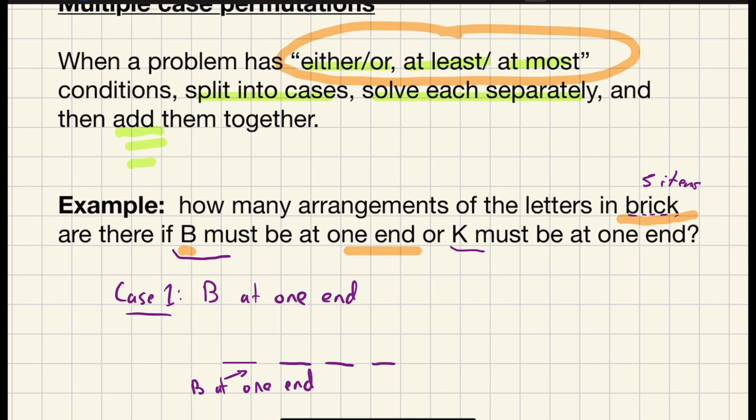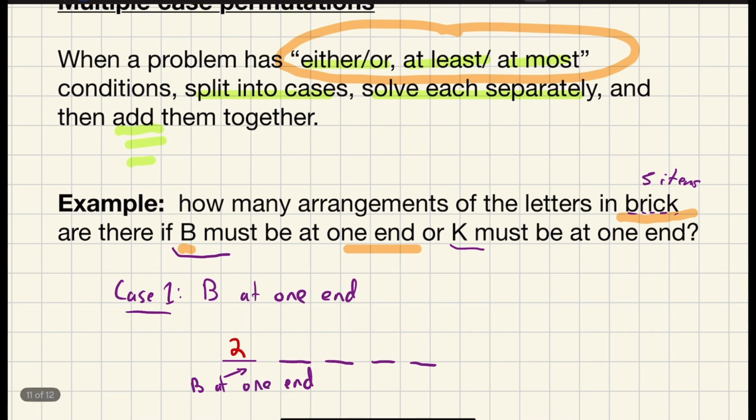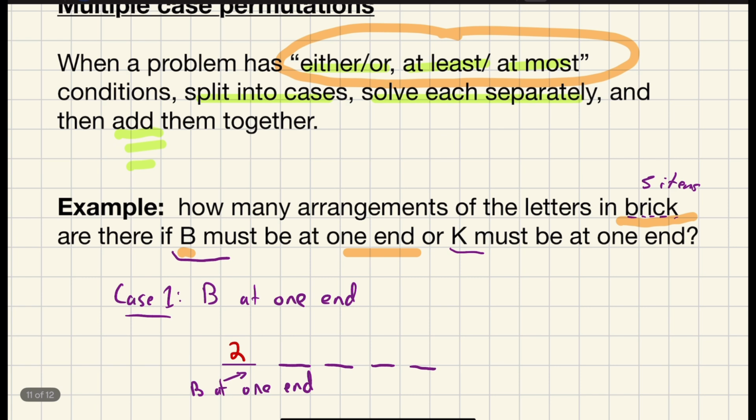Now, the B at either end could be at the beginning or at the end, so it has 2 possibilities. Then with the rest of the 4 letters, once we use one, we cannot repeat. So it's 4, 3, 2, 1. And so the permutations for the B at one end would be 48 arrangements. And that's for the first case.